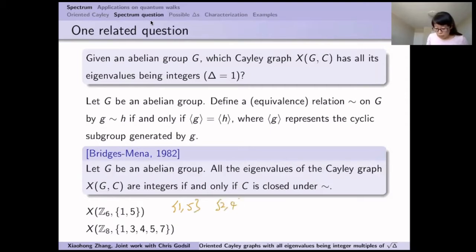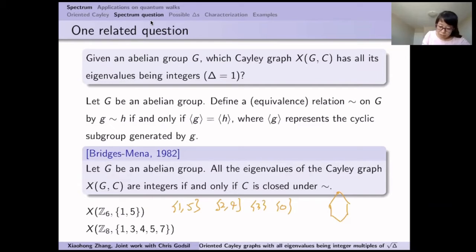2 and 4 are equivalent. 3 itself, and there is also 0. So using this result, we know directly that the 6-cycle has all its eigenvalues being integers. That's so strict. I like to use this result, it's immediate.